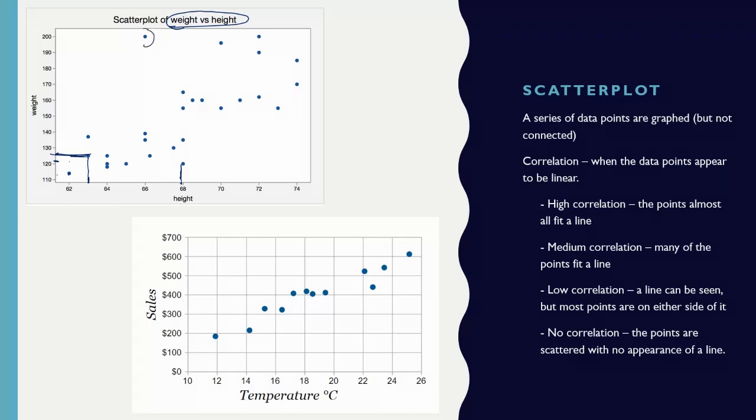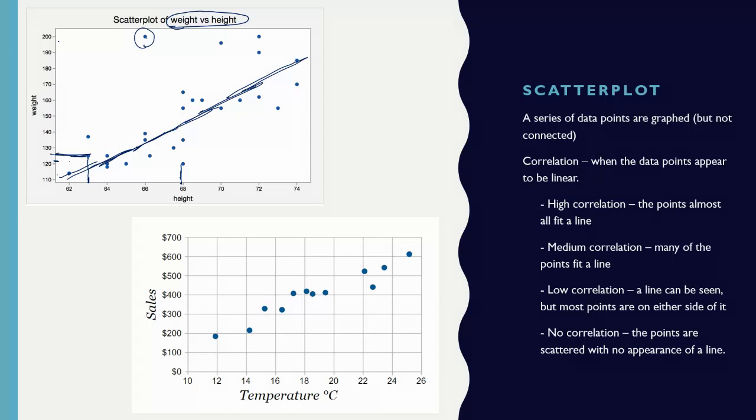Now look at this person here. This person is about 68 inches tall and weighs 200 pounds. That would be an outlier. That doesn't seem to really fit the rest of the data, okay? Now, when I look at this, the question is, what is the correlation? I can see that if I were to graph this, I could get probably a line down the middle.